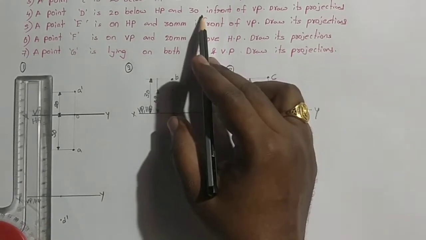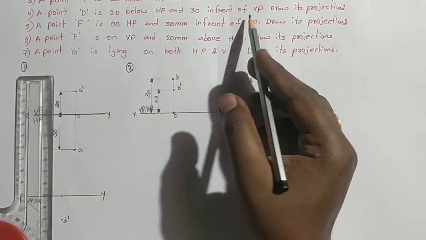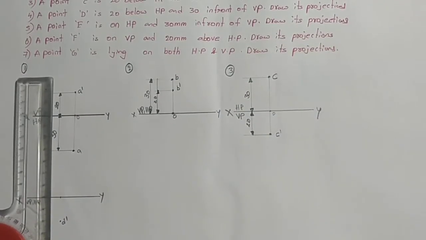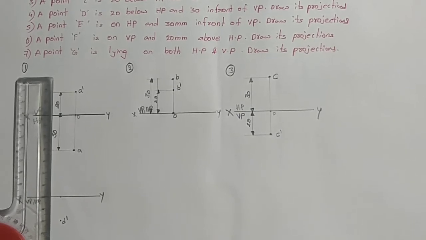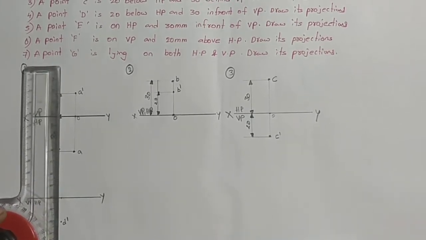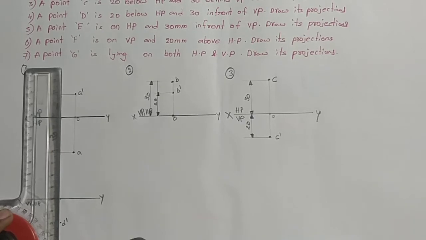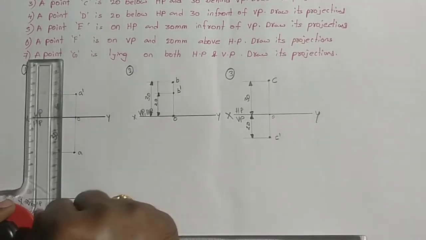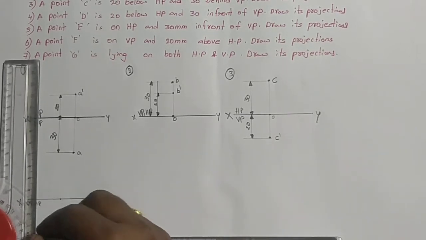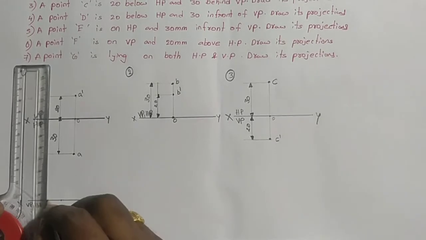Next, 30 mm in front of VP. In front of VP means when we rotate the horizontal plane 90 degrees clockwise, it coincides with the vertical plane, so the top view is also located below the XY. The top view is 30 mm from the XY. It is D. From this point to the reference line distance is 30.